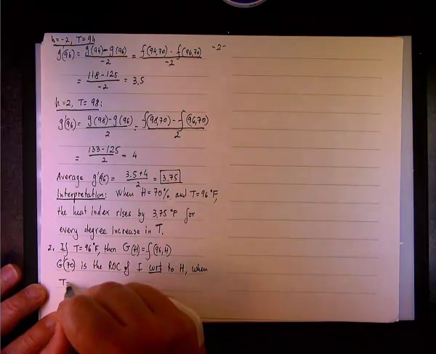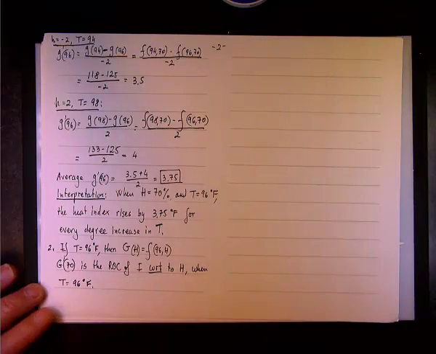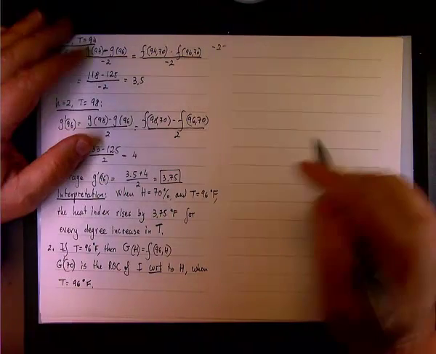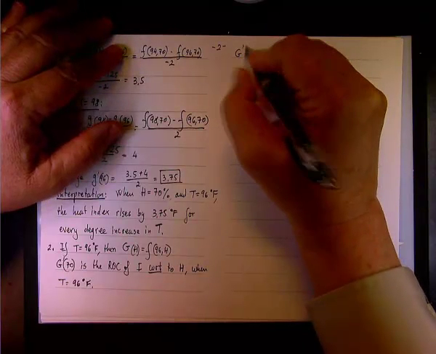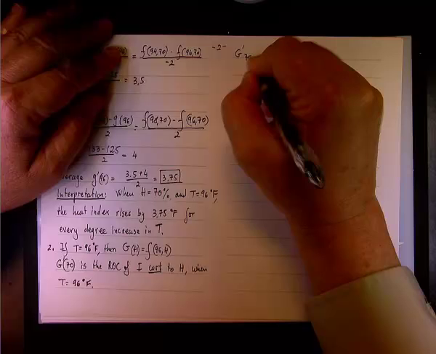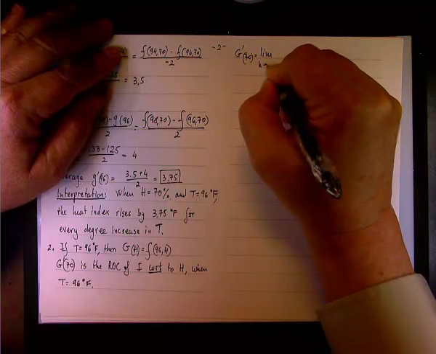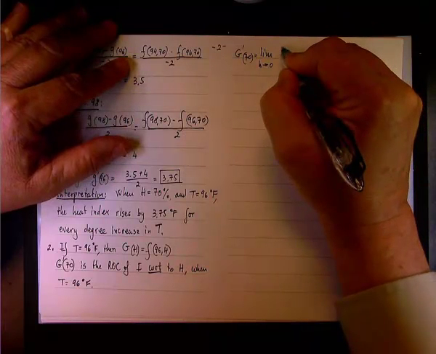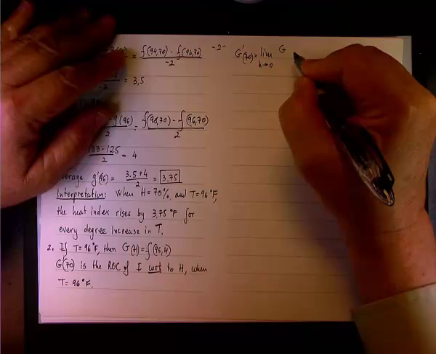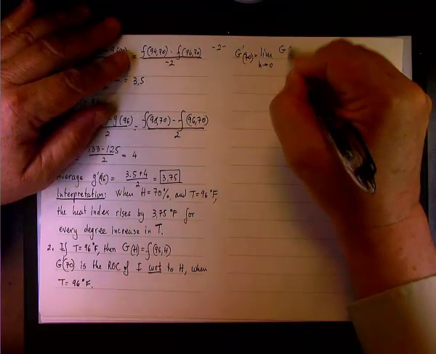Then the derivative of uppercase G at 70% humidity is the rate of change of the heat index I with respect to H, when T equals 96 degrees Fahrenheit.